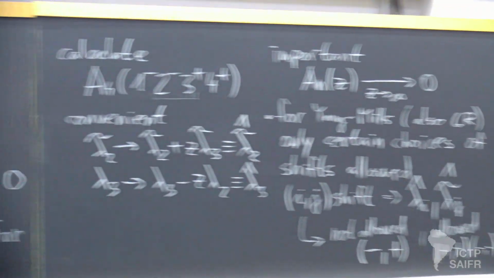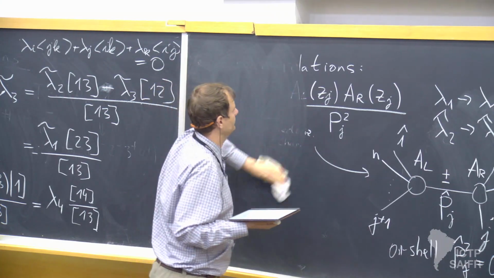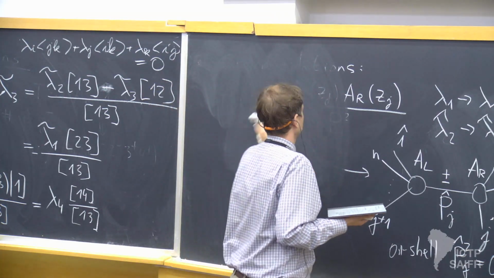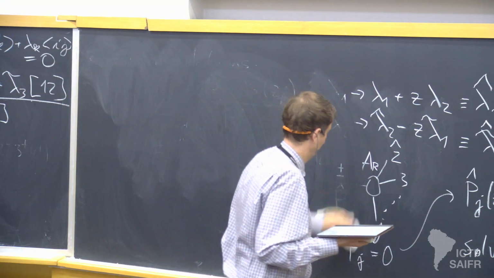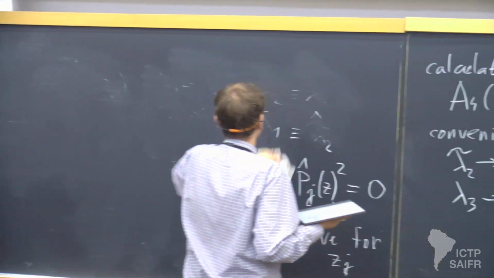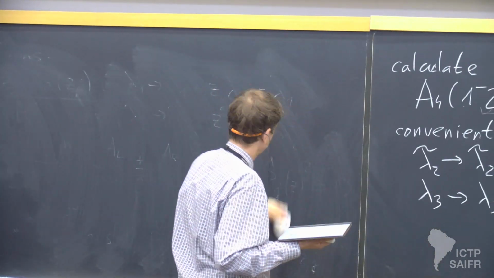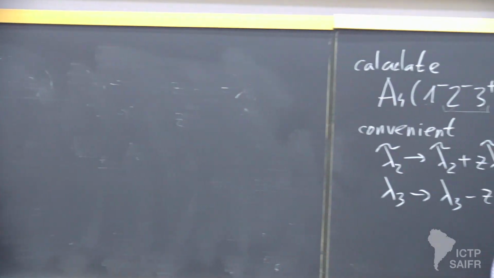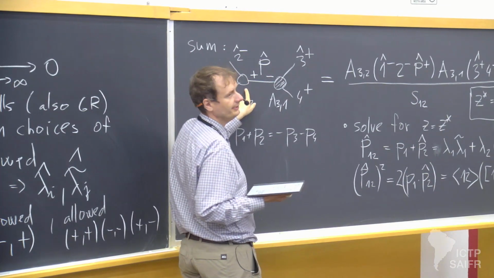So having calculated that, we can also now calculate the internal momentum P hat. Basically, the P hat is already fixed by these conditions from this vertex and that vertex, because P meets with 1 and 2 in the white vertex.